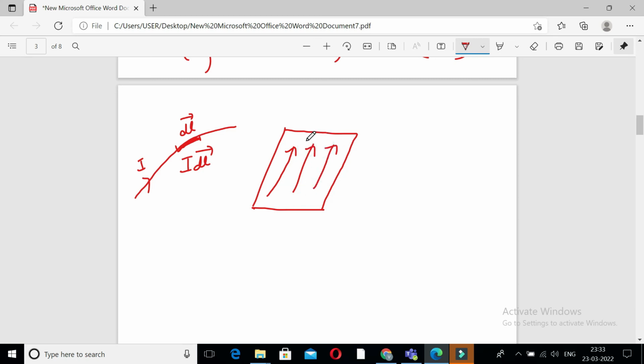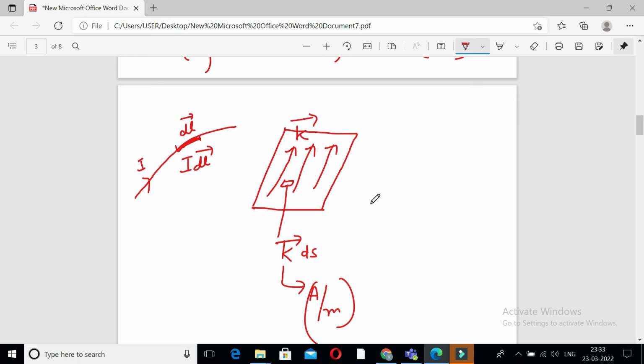If we take a small sheet, the value will be K vector into ds, and K vector is directional, so it will be in the form of meter, not meter square. So the unit of K will be ampere per meter, not meter square.